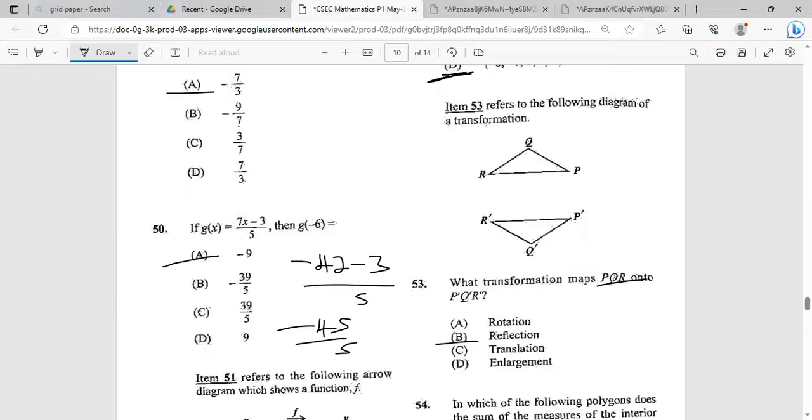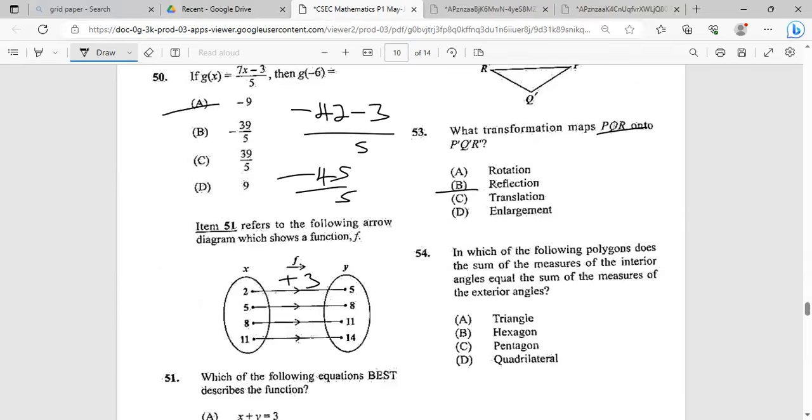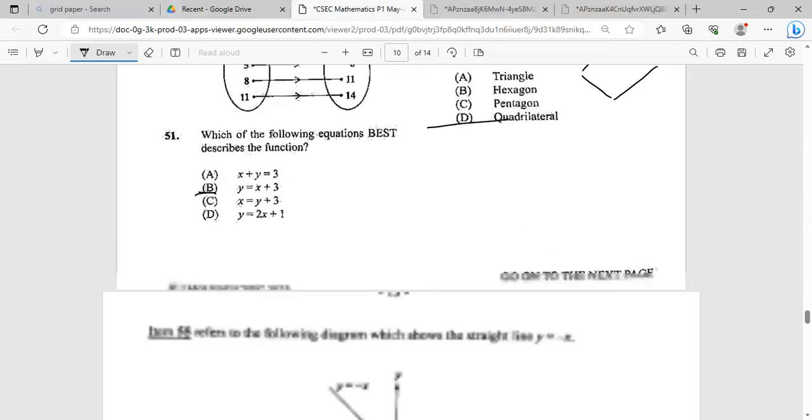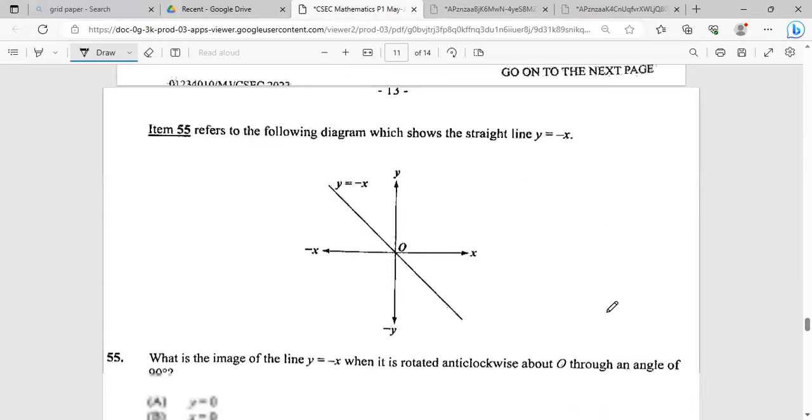I did go back and look at it. In which of the following polygons does the sum of the measures of the interior angles add up to that? Now, a quadrilateral's angles add up to 360. So that's a quadrilateral. All 4 angles add up to that. All right, 360.